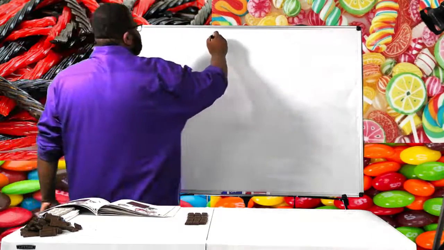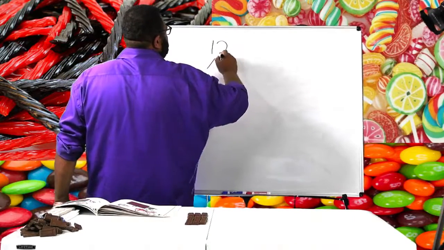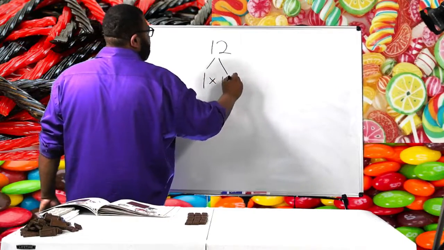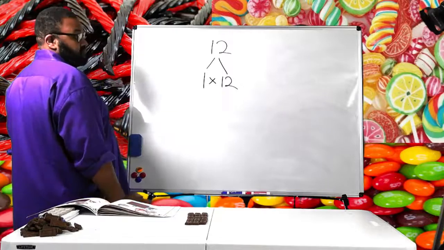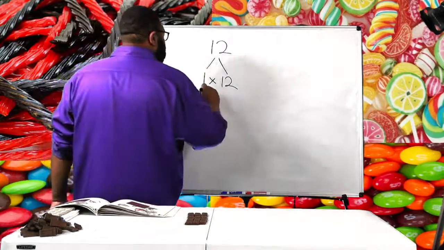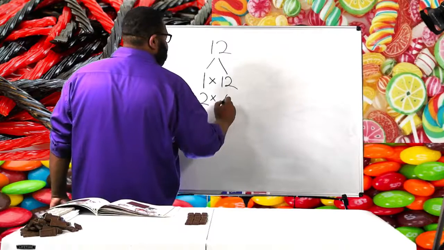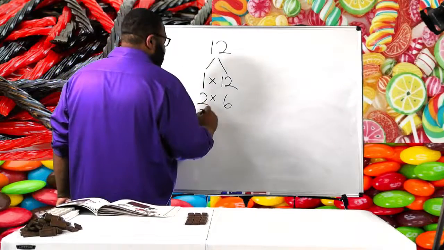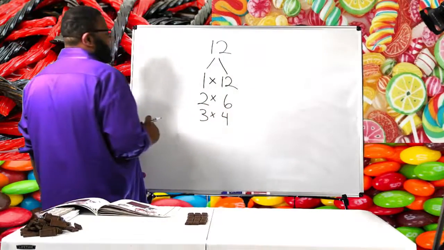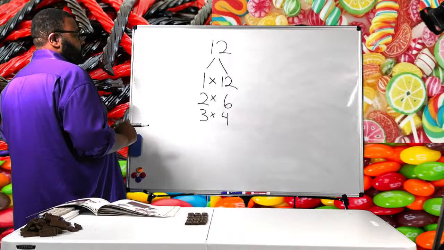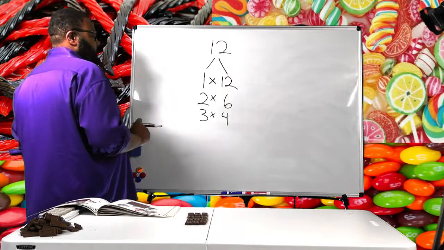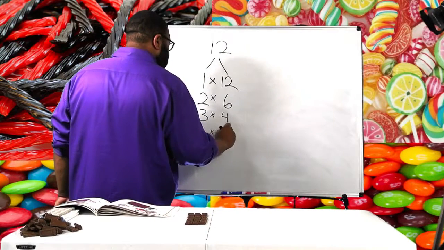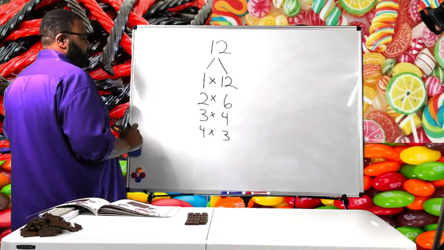What makes 12? 1 times 12 makes 12. 2 times 6 equals 12. 3 times 4 equals 12. 4 times 3 equals 12.